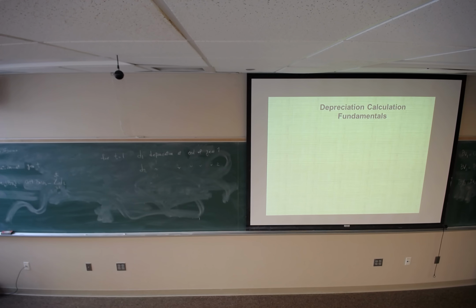So if I replace book value 1 with this, the book value of year 2 is cost basis minus D1 minus D2, which is cost basis minus the summation of D_i, i goes from 1 to 2. And book value for year 3 is the book value for year 2 minus D3.